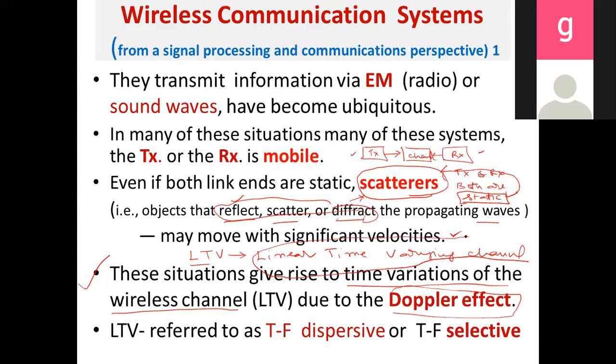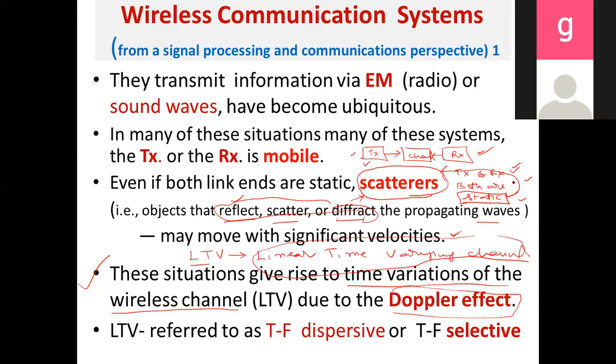So I repeat again, this is the scenario. You will have to transmit information from a source. You will have a transmitter to pick up the information and a receiver. In between, the medium is the channel, and both may be moving, or only one may be moving, or both are not moving.